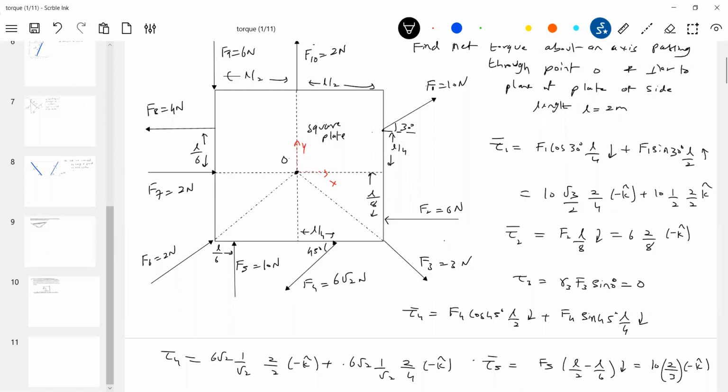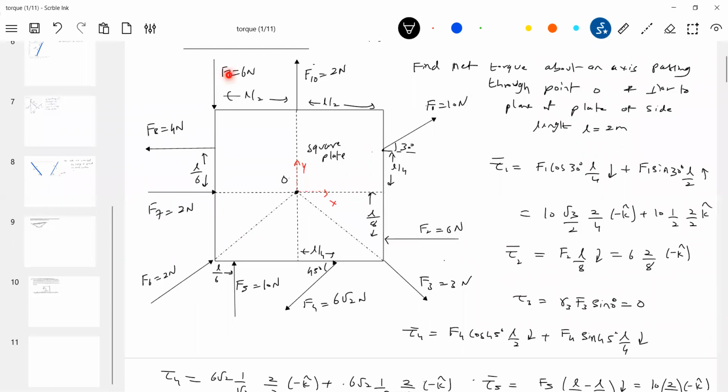Now, what are the other two forces left over? Torque due to force F9. How to do this one? You just produce back this force like this here, as if it is acting here. So this will be R bar, and this is like F bar, no? What is the angle between them? Actually, this F9 is acting here. Then why are you producing it back just to get the angle? You could do it like this: this is R bar, this is F bar, and this is the angle.